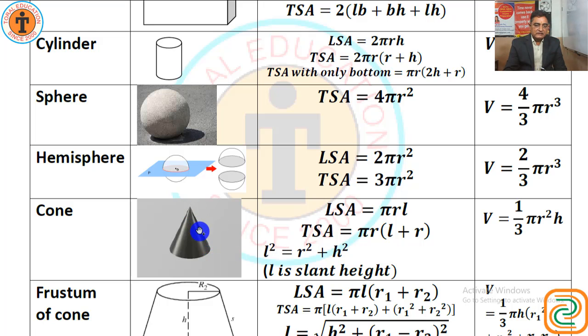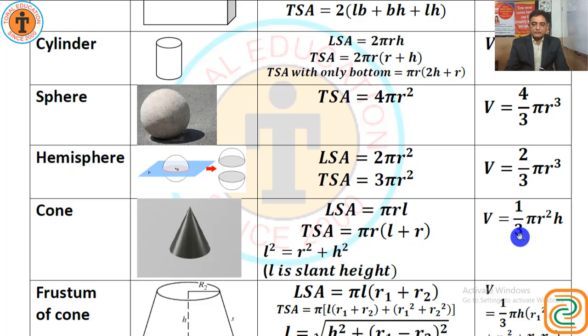L is slant height. If we use Pythagoras, then L square equals H square plus R square. This is the formula of L. If we take only L, not square, then L is under root R square plus H square.